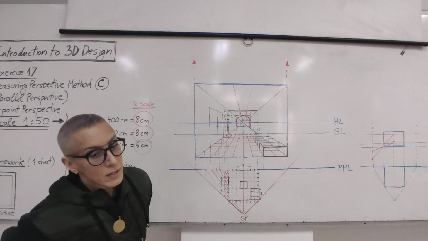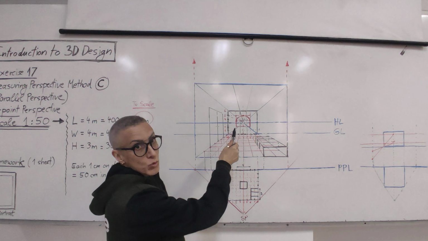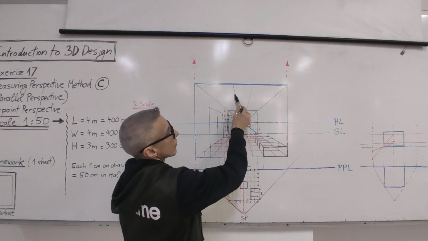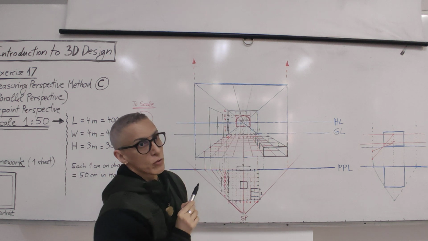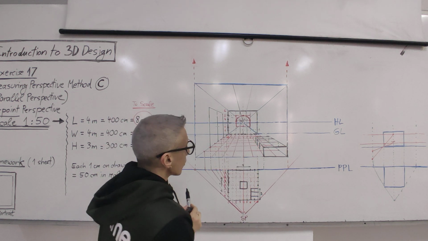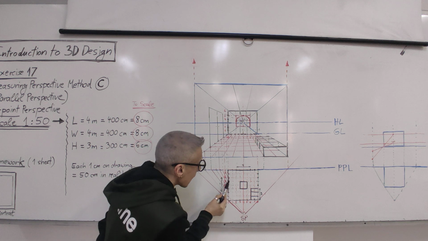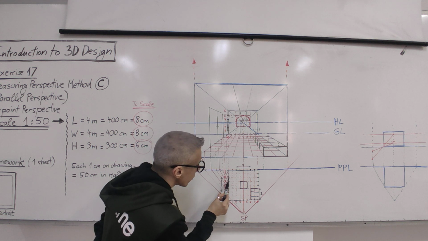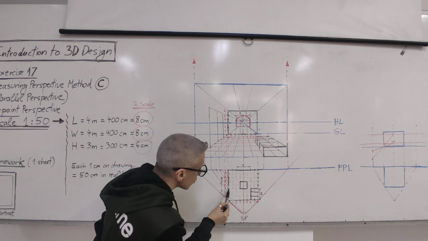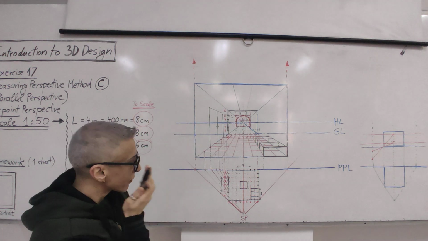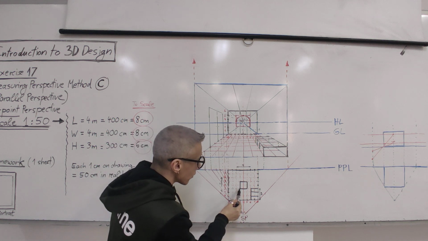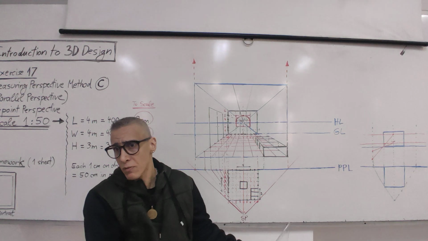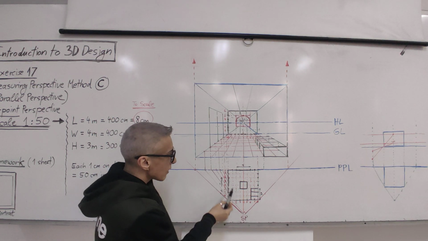So the light of 2 centimeters to scale is located somewhere here. But we know it's located on these lines, but where are these 2 lines of the square, okay? So we need to find its location here. So from the end of the room, 1, 2, 3 tiles, and from here, 1, 2, 3. That's if I'm counting the tiles. Or I can take from SP through this point, find the location here, and then where it will intersect. The same thing, okay? But because I have tiles, this is easier.